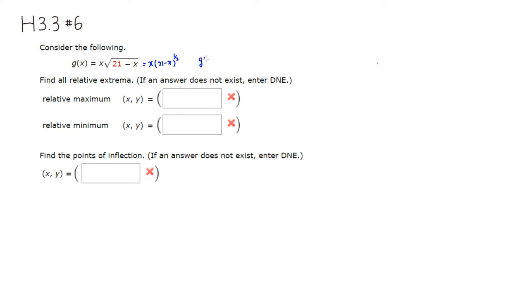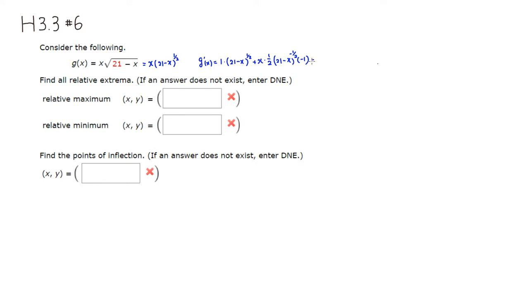So g prime of x is equal to the derivative of the first guy, which is 1, times the second, so square root of 21 minus x, plus x times the derivative of the second guy, so it's 1/2 times the quantity 21 minus x, subtract 1 from the power, so negative 1/2 power, and then multiply by the derivative inside, which is negative 1.